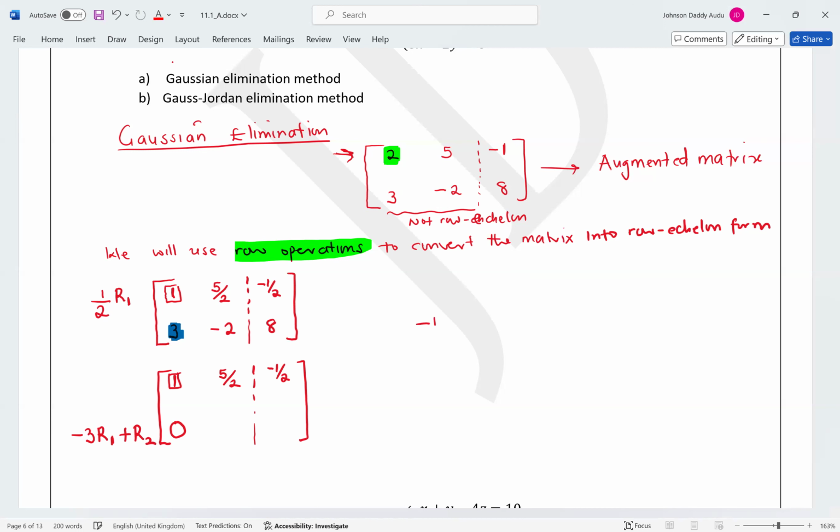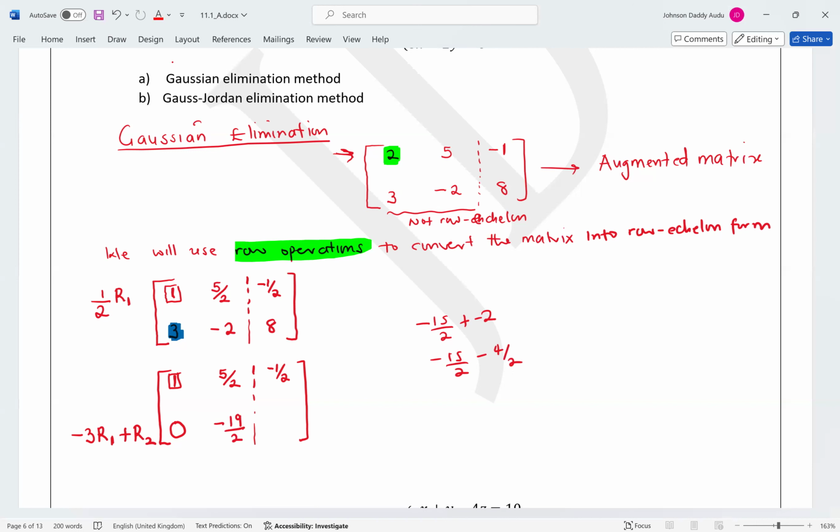Then plus -2, so this -2 is going to be -4/2. So this is going to be -19 all over 2.